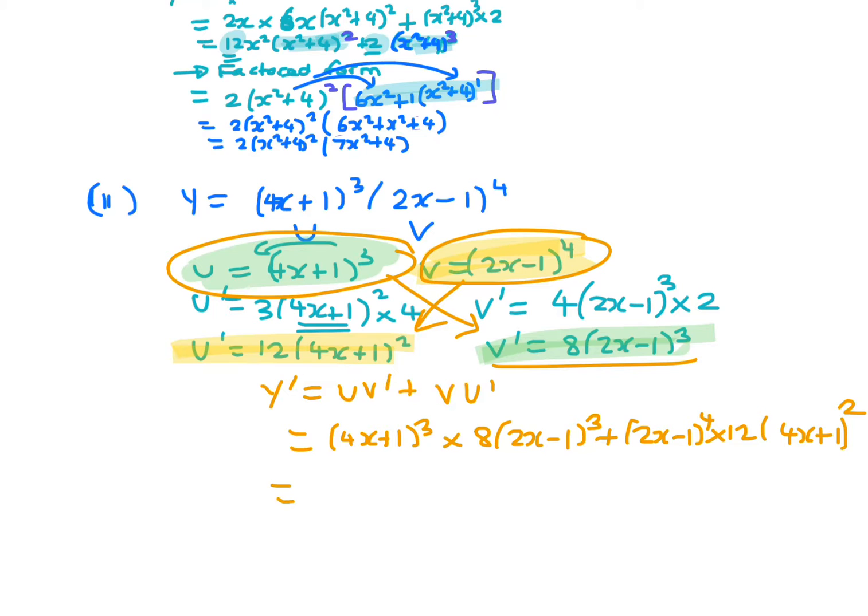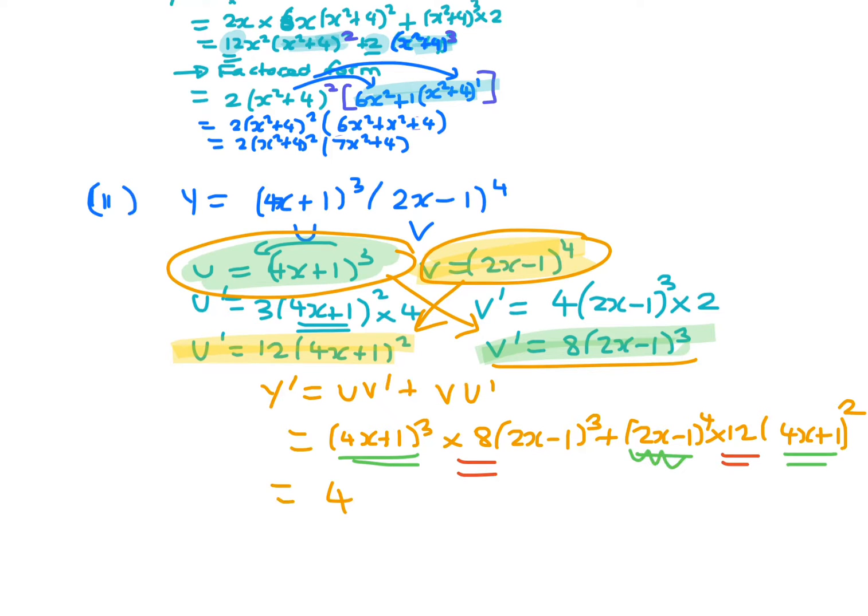Okay, now let's just factorize and take out a common factor. So let's have a really good look at that. The common factors, if you look at this, we have 8 and we have 12. So the common factor there would be 4. Then we have (4x plus 1) cubed, and (4x plus 1) squared.